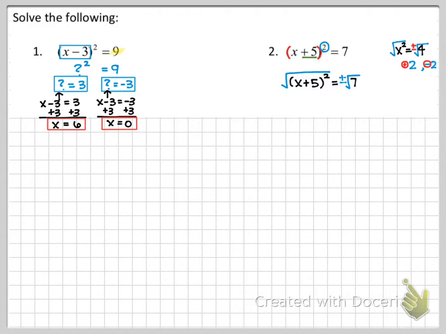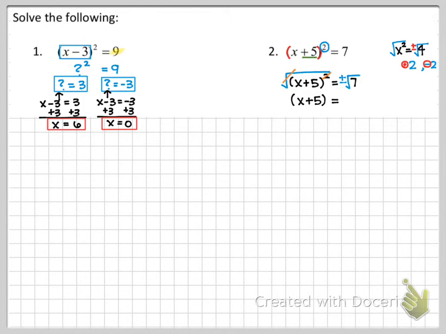Okay, now that we've got the plus or minus, I think we can continue. On the left-hand side, this squared and this square root are opposite operations of each other, so they will cancel. It's actually kind of nice. If we take a look at this, I still have the parentheses, and I still have the x plus 5. All I peeled off was the squared.